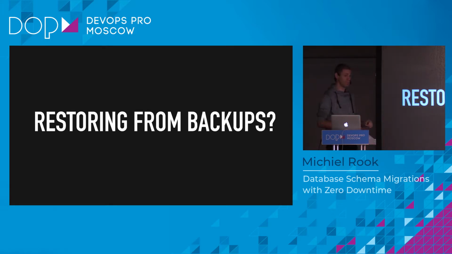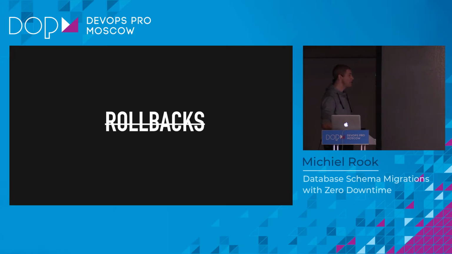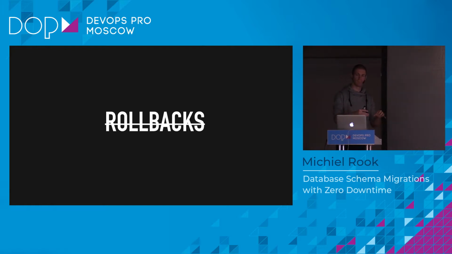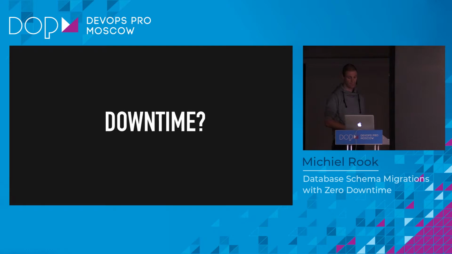It can be done, but it's difficult. So my view is that in a live system that receives a lot of writes, a lot of changes in a zero downtime, highly available setup, rollbacks are not realistic. And that means that if a migration fails, it's simply stuff to clean up later on. And that also has an implication on what kind of migration we can do. And I'll get back to that in a little bit.